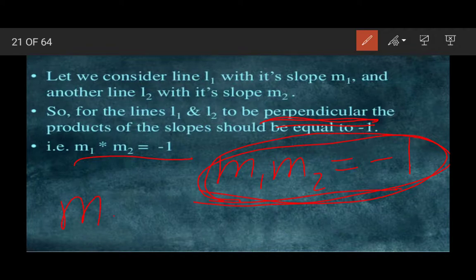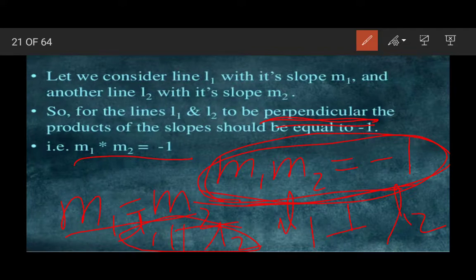Similarly, if m1 is equal to m2, that means line 1 is parallel to line 2. If lines are parallel to each other, that means m1 is equal to m2. If m1 into m2 is equal to minus 1, that means line 1 is perpendicular to line 2.